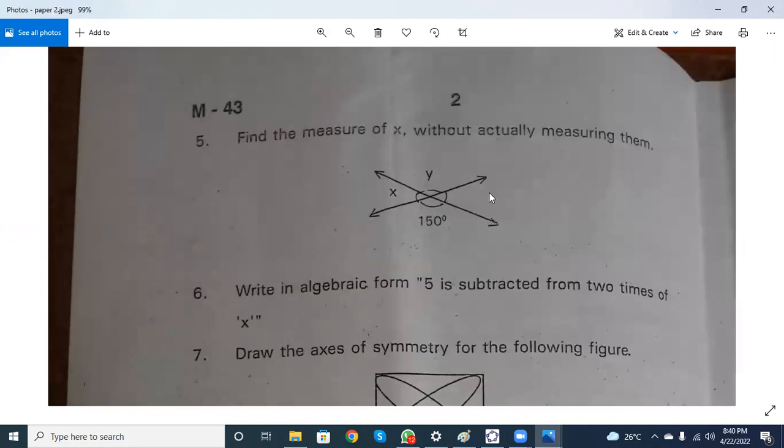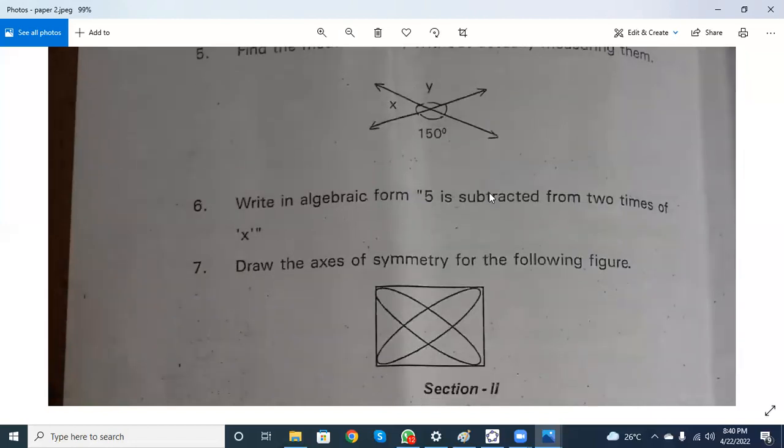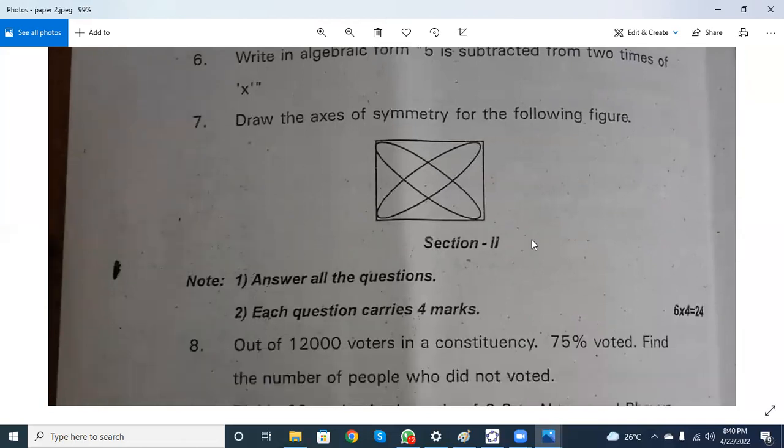Measure of x, you need to find out without actually measuring them. Algebraic form of 5 subtracted from 2 times x. Drawing symmetry, axis of symmetry. So up to 7 questions, these are all 2-mark questions.